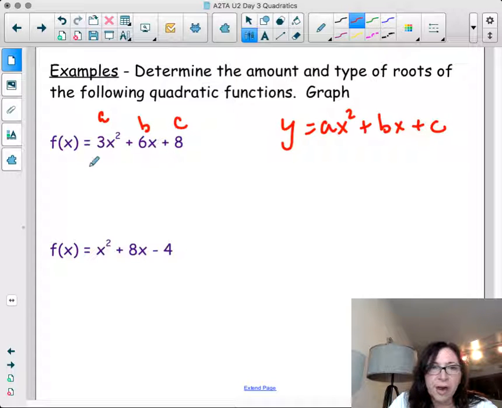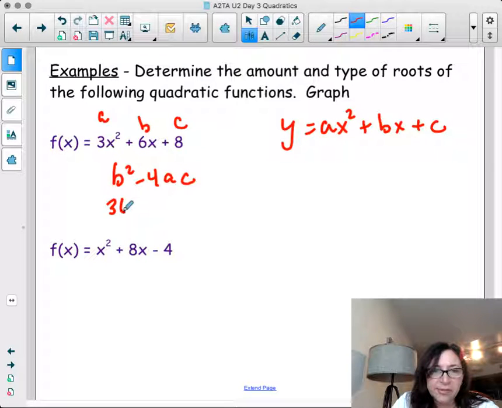So in order to find the type of roots I have, I'm going to use my formula, b squared minus 4ac. And so b squared, this being b here, is going to be 36 minus 4 times 3 times 8. Okay, so we have 36 minus 12 times 8.